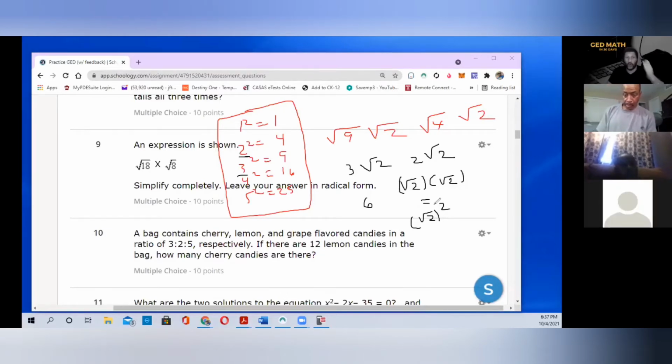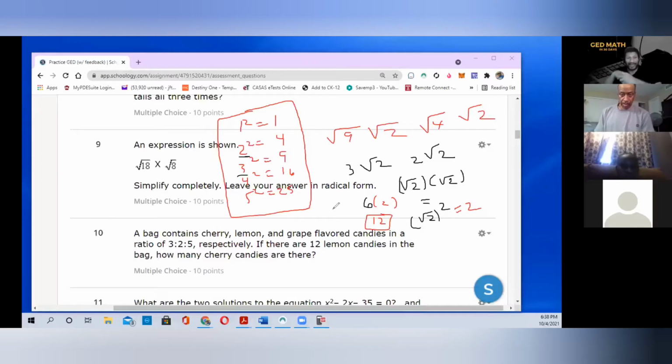You have to know that. So the square root of 2 squared is just 2. So 6 times 2 is 12. That took a whole lot of work for what we did in like 5 seconds. Practice and know your squares, square roots, cube, and your cube roots. Now this becomes an easy problem.